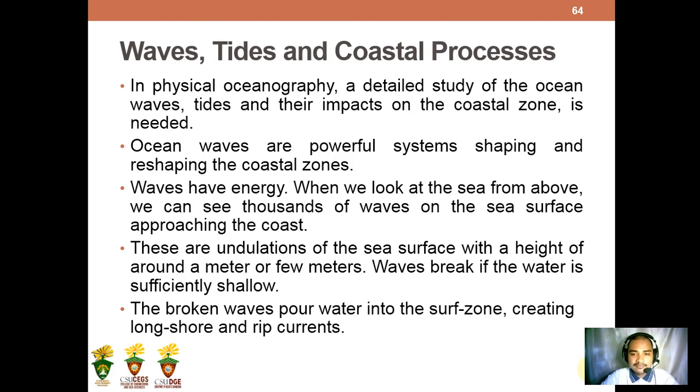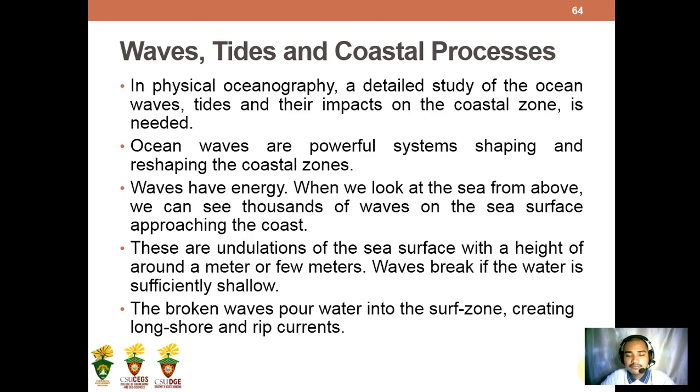And if you observe from above, there are many waves that will approach the surface or the coastline. And imagine, with so many waves, and those waves have energy, it can create another study or another interest, maybe converting wave energy into electricity.